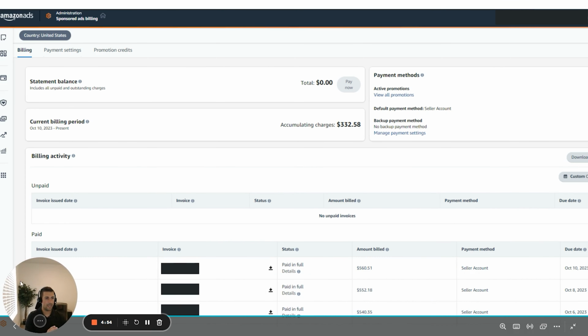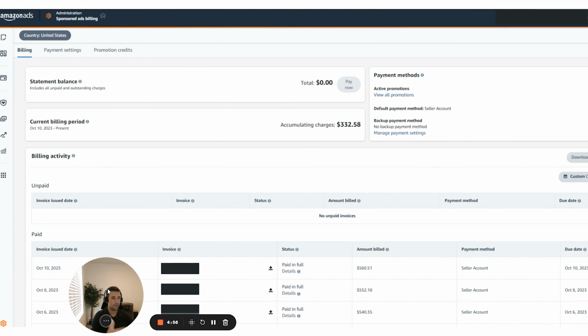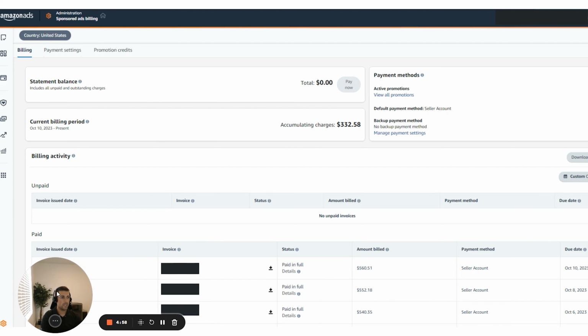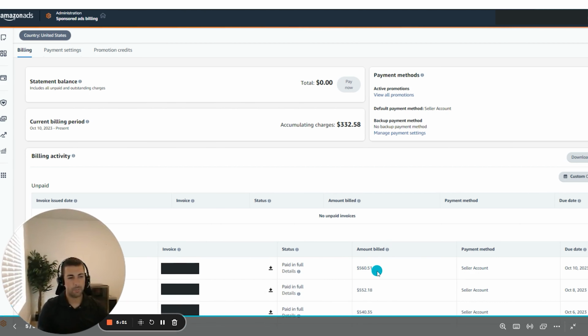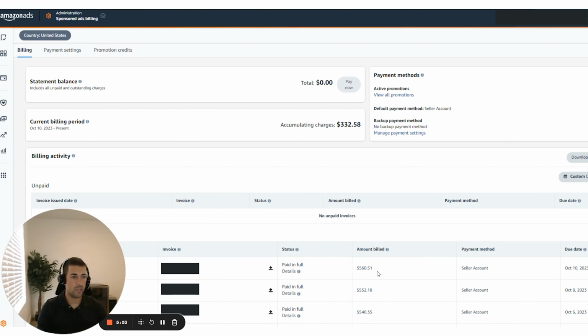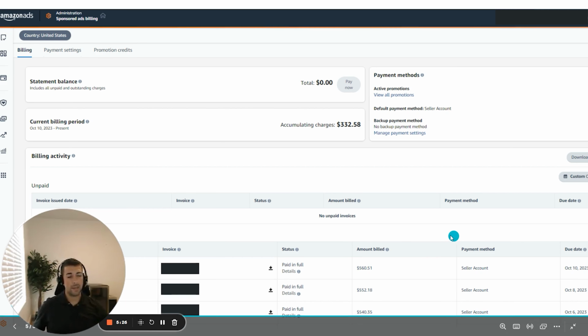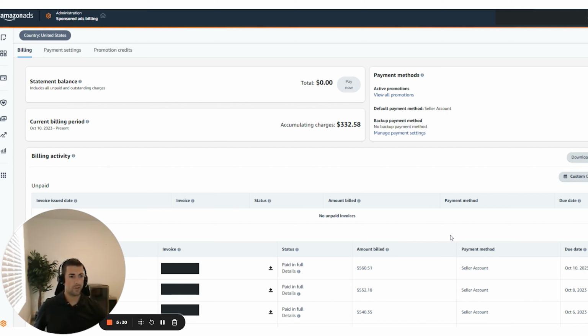Here it is showing like an every other day sequence, but realistically it's usually based on a $500 increment. Not all of them are done this way, but this account is, where there's an increment that is charged to the account. As a newer seller, if you have it billed to the account, you're going to see something very similar to this.